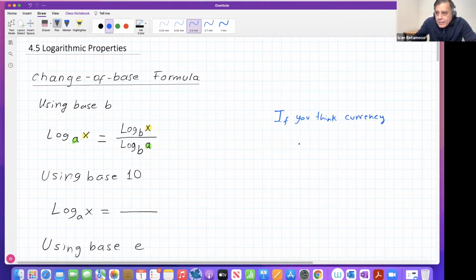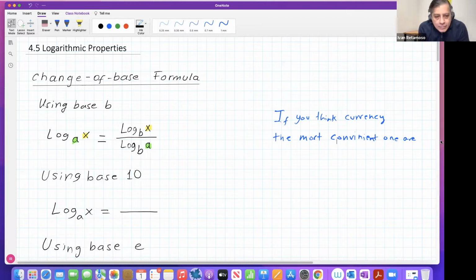Which two currencies are the most popular ones, the most convenient ones? Among pesos, yens, all types of currencies, which ones come to mind for being the most convenient? Anyone in the chat, you can write, or you can tell me.